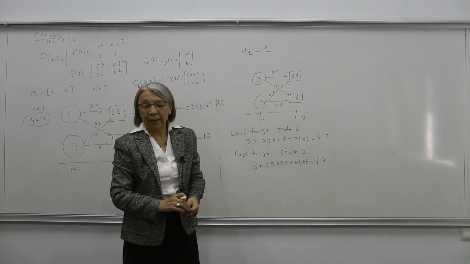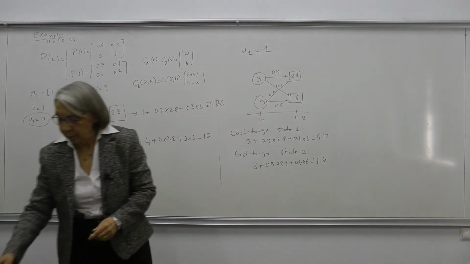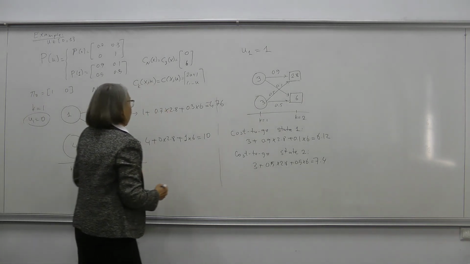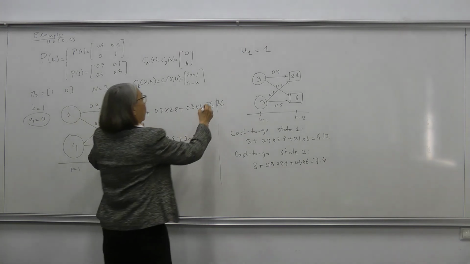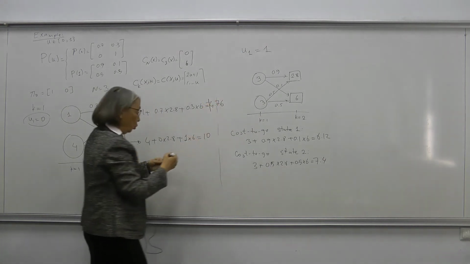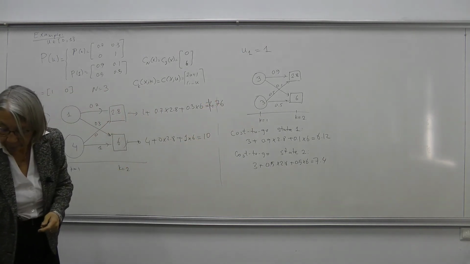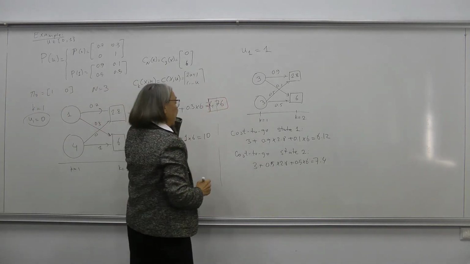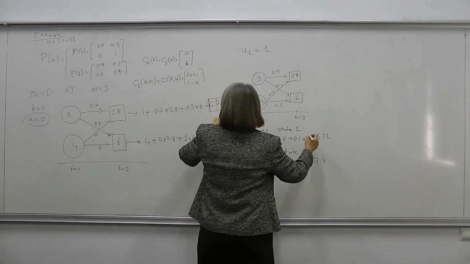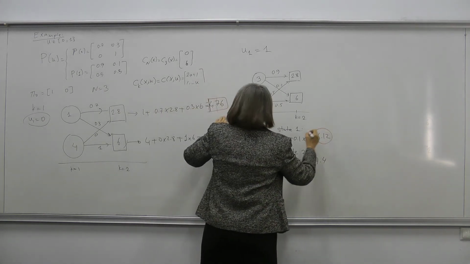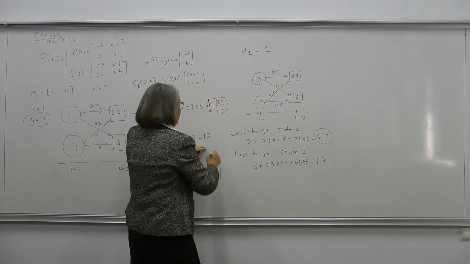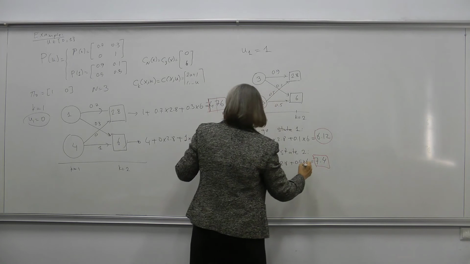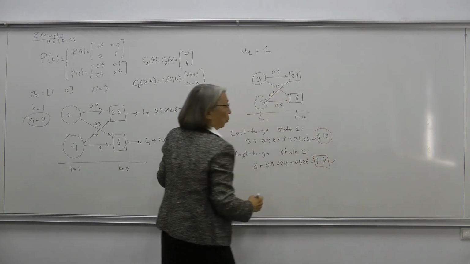Now we can make our decision, just by comparing the values of cost to go. The cost to go value when the input is 0 is 4.76, which is smaller than this one, so we prefer this. And this one is smaller than that 10 here, so we prefer that one.